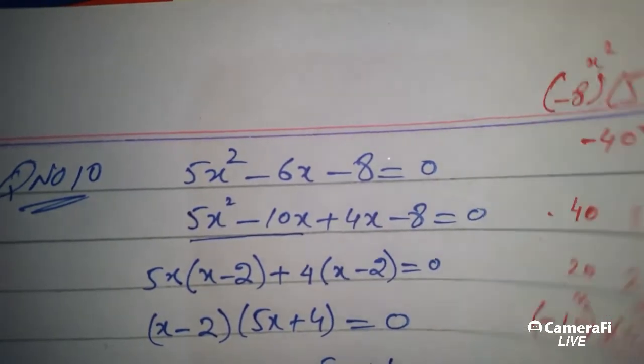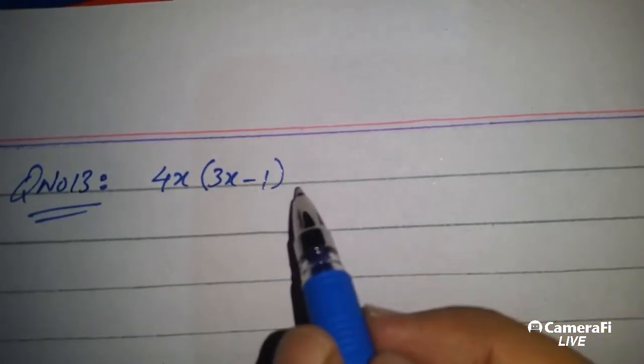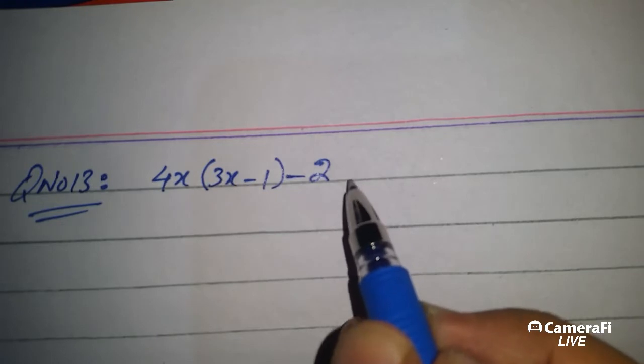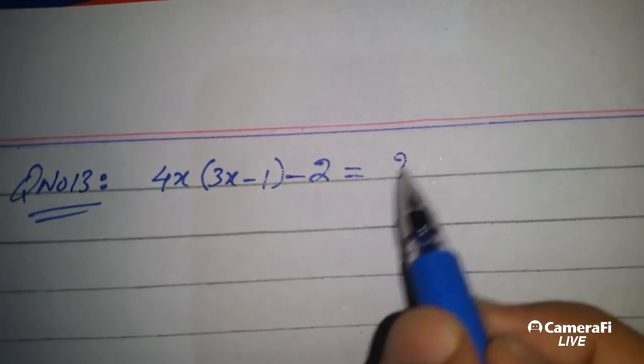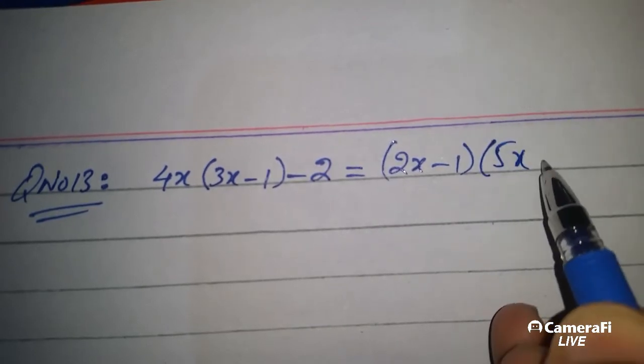Question number 13. 4x(3x minus 1) minus 2 is equal to (2x minus 1)(5x plus 1).